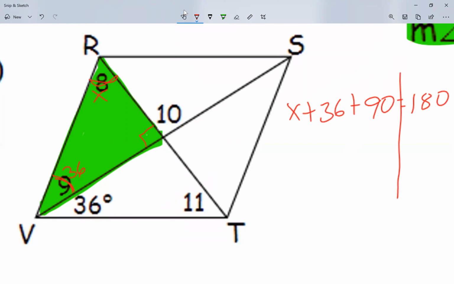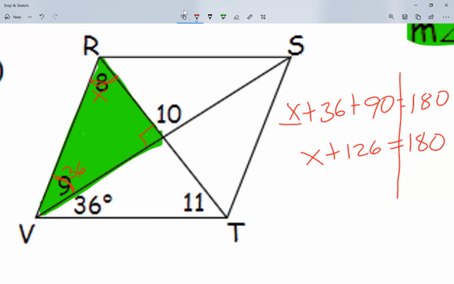Let me separate my sides through the equal sign. On the left side, let me combine my like terms. When it comes to letters, I just have 1x. When it comes to just numbers, 36 plus 90, let me call that 126. And I'm going to say all of this is equal to 180.